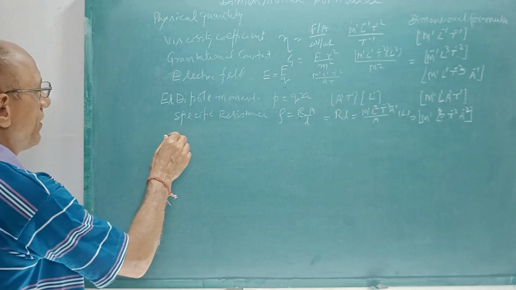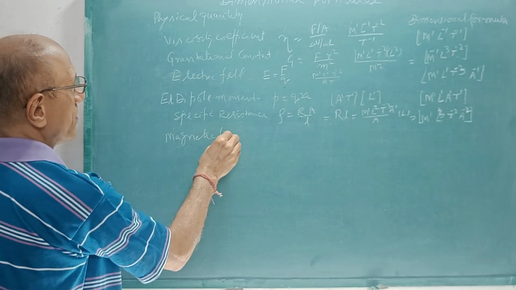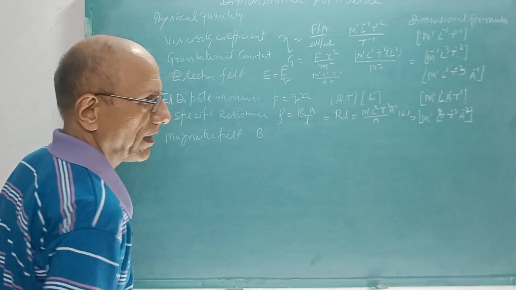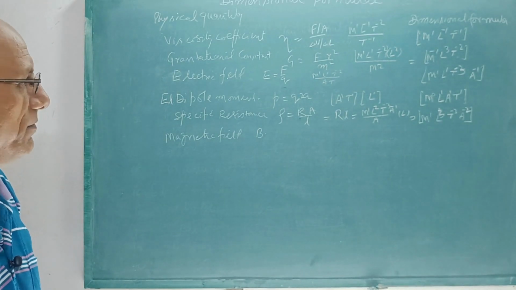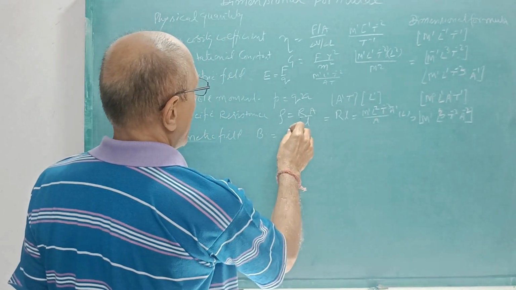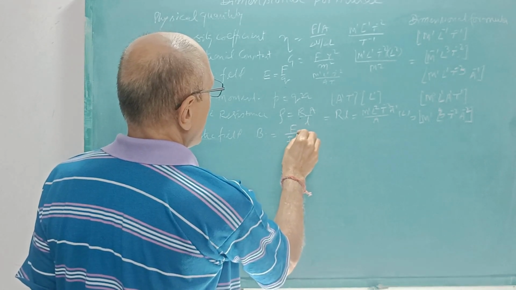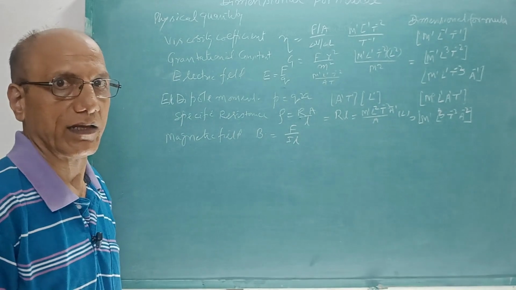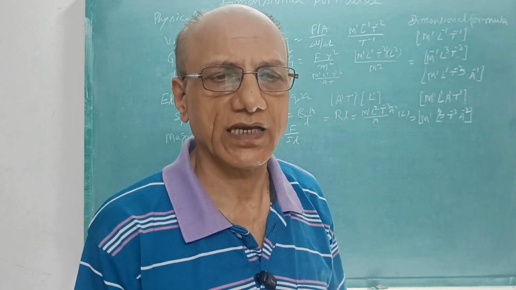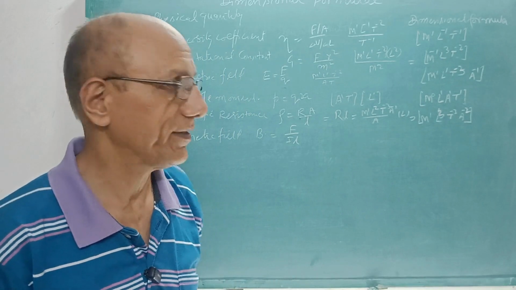Now magnetic field, that is B. So magnetic field B is F upon IL. Because you have studied in 10th class, force acting on a conductor is ILB.